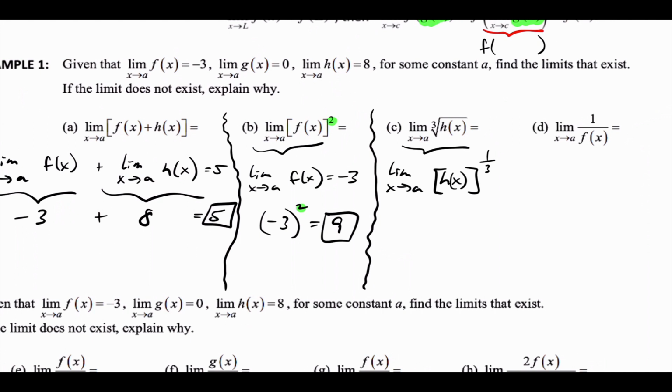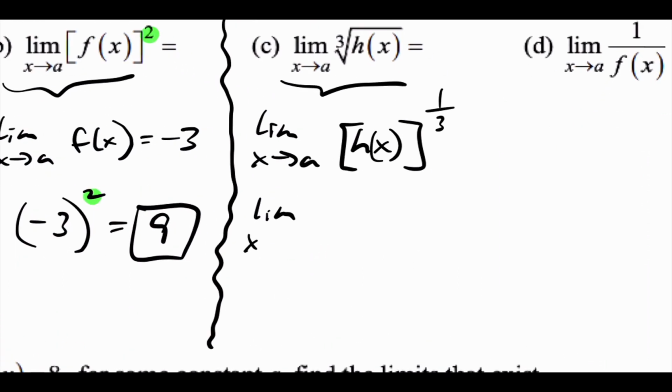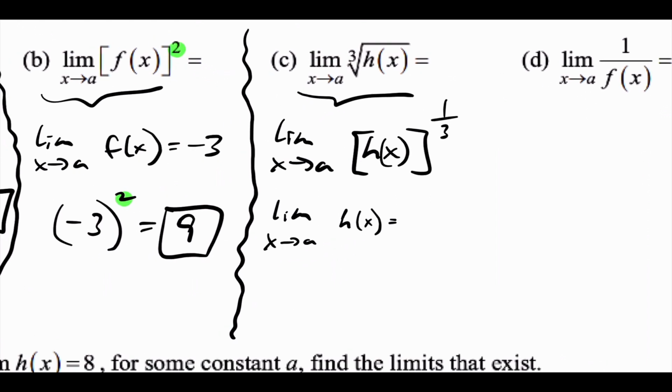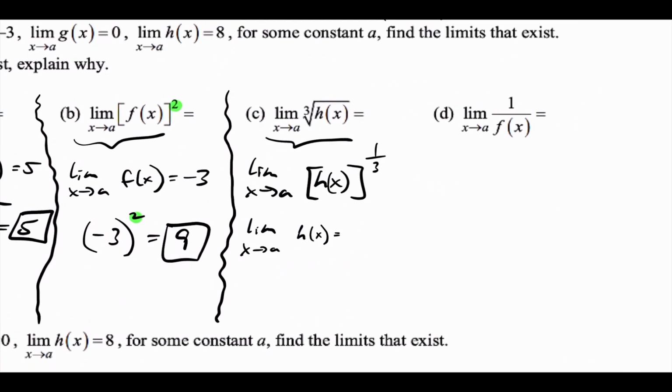Okay. Well, I'm going to do exactly what I just did for letter B. I'm going to find the limit as x approaches a for h of x. Okay, they said that that's 8.